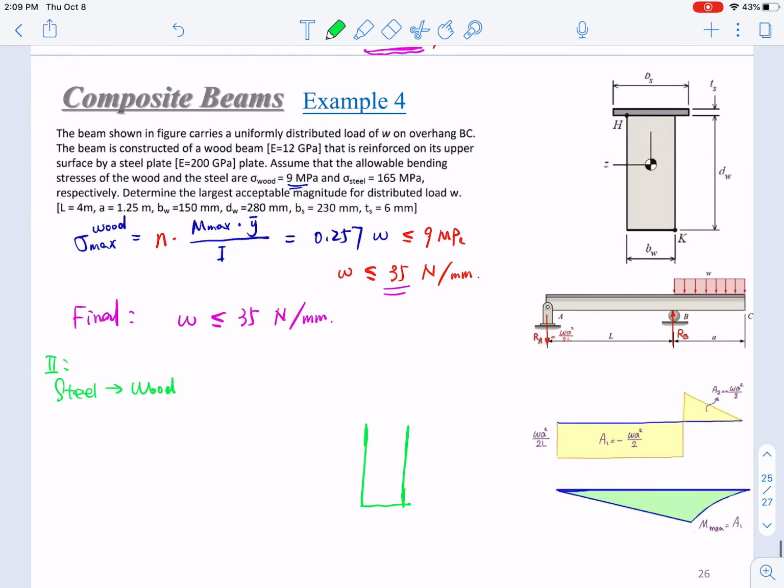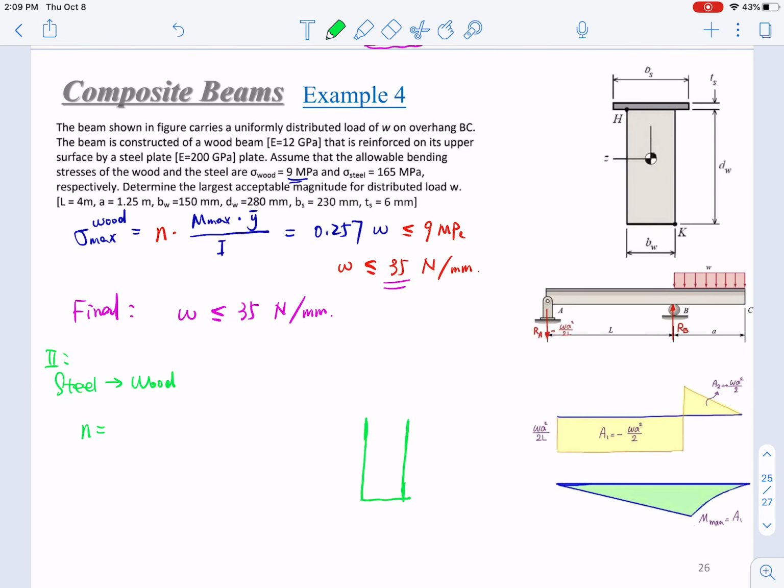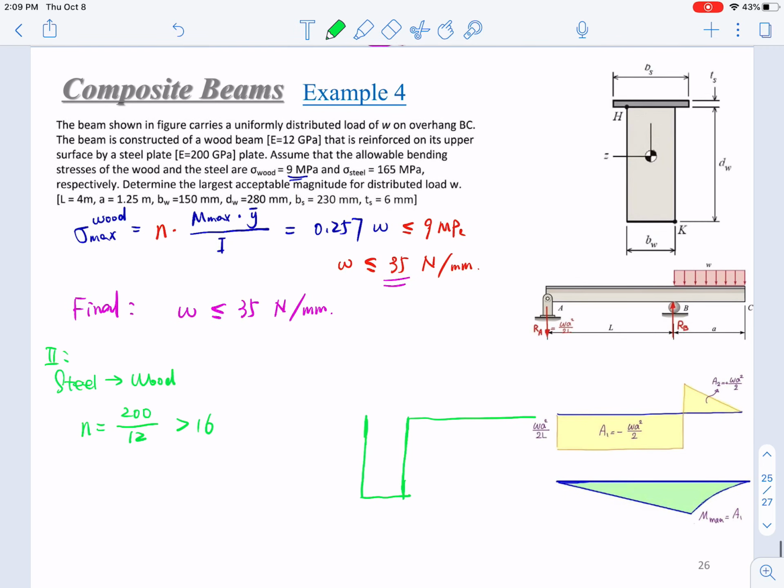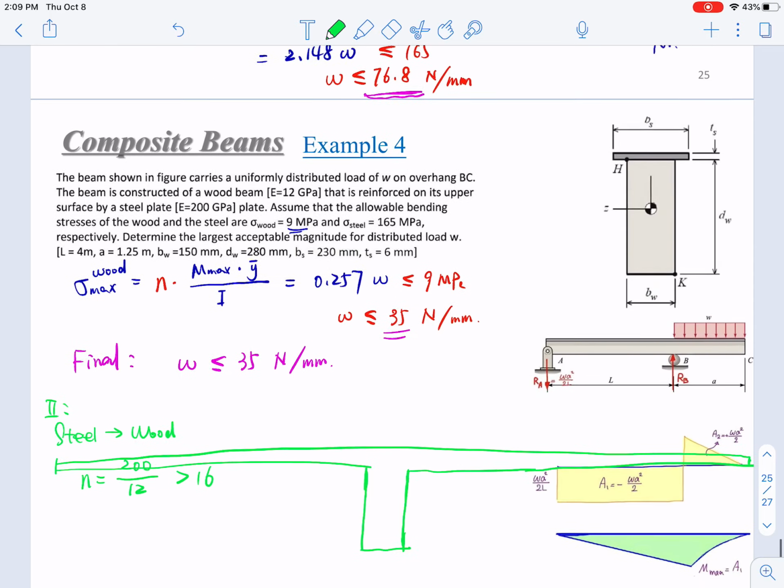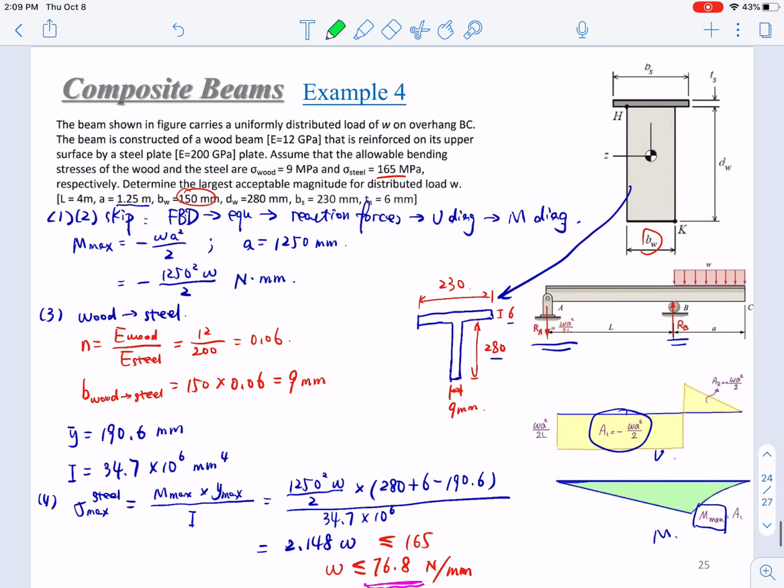The n will be 200 over 12, which is larger than 16. So the size of the steel, I cannot accommodate it. It will be something like this. It's also doable, but it's just ugly, so it's not recommended in this example. Just the first solution is perfect: I convert wood into steel.